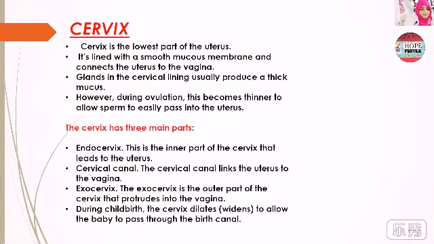So, the cervix has three main parts: endocervix, exocervix and the cervical canal. The endocervix is the inner part of the cervix that leads to the uterus, and the cervical canal links the uterus to the vagina. The exocervix is the outer part of the cervix that protrudes into the vagina. During childbirth, the cervix dilates and widens to allow the birth of the baby.